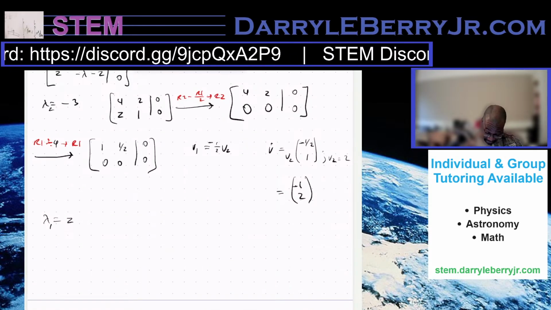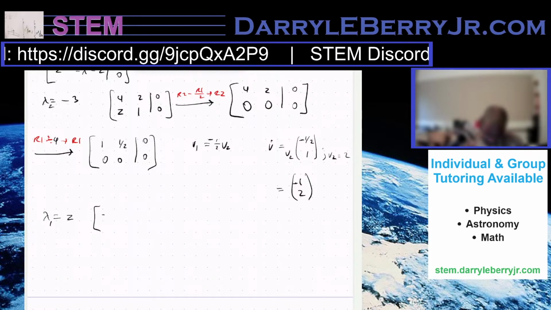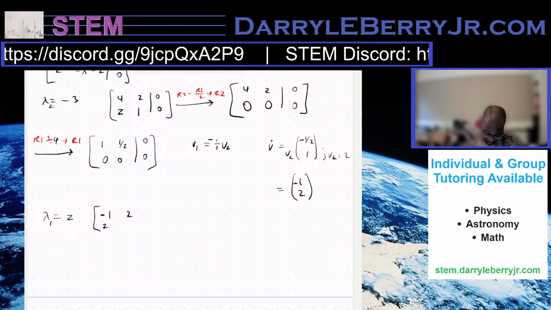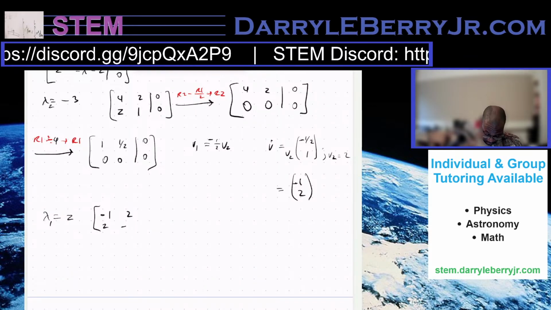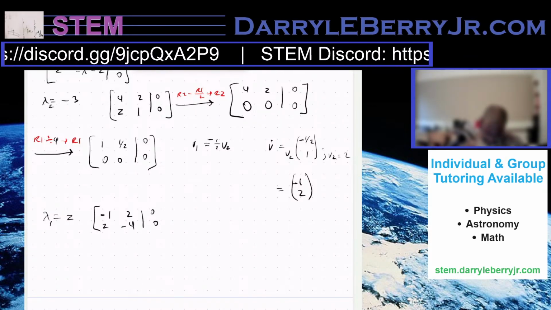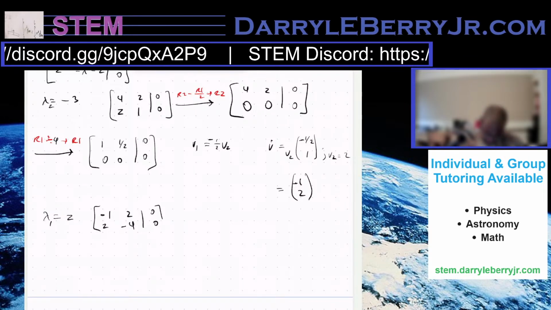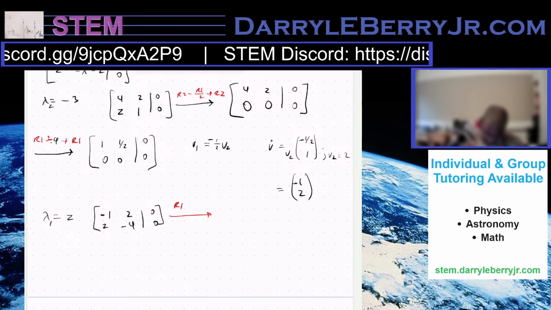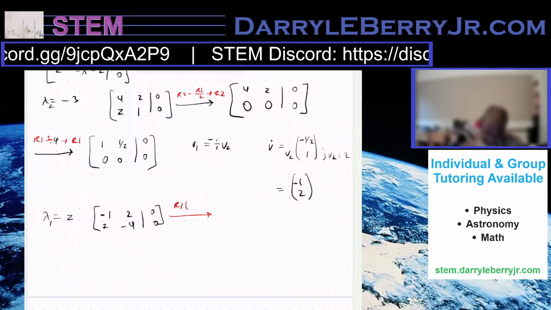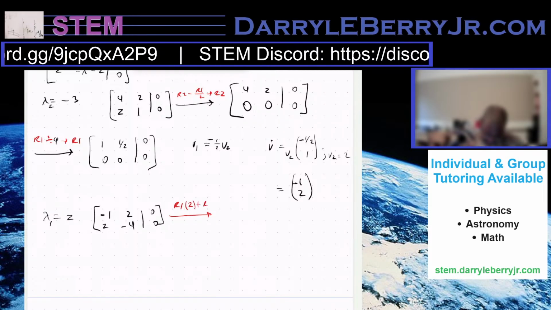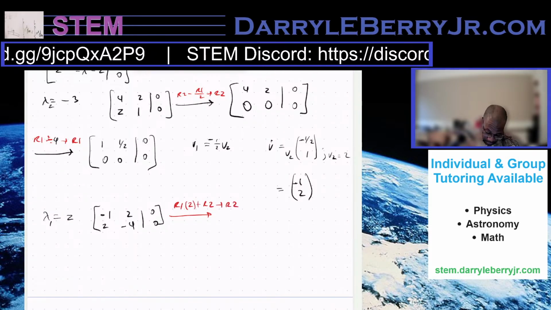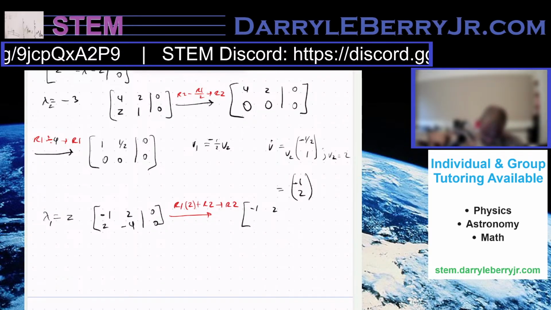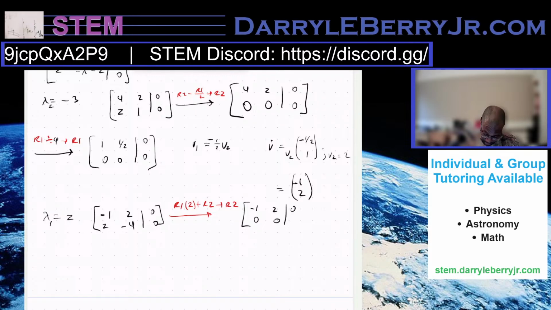We have negative 1, 2, 2, negative 4, 0, 0. So we have row 1 times 2 plus row 2 is row 2. So we have negative 1, 2, 0, 0, 0, 0.